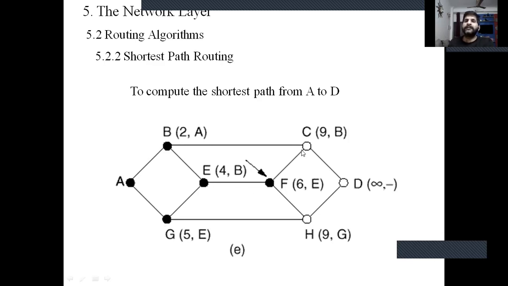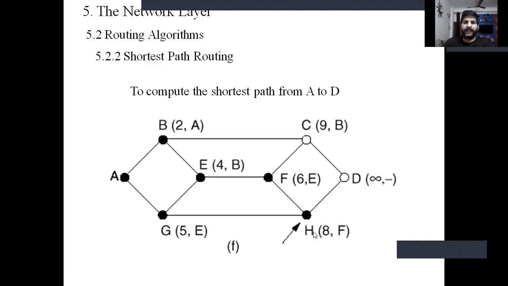It includes the paths F to C and F to H. Now after calculating, the smallest value of H is 8 via F. Now next, traveling from H, H to D is the smallest, and we travel 8 to destination D. This is the process of the shortest path algorithm, the Dijkstra algorithm.